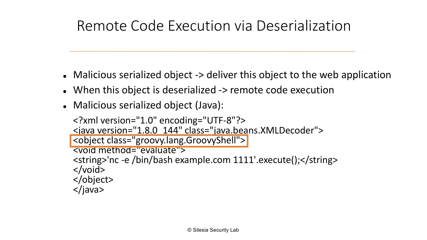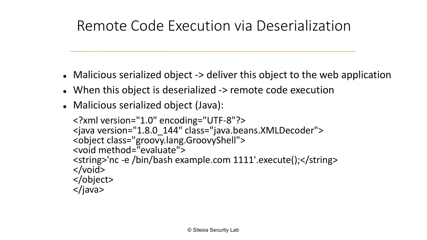And well, groovy.lang.GroovyShell is just used for this purpose. If you are a Java programmer, then you probably know that this class can be used for launching shell commands. That's great, and I need it to launch my own command. You also have to keep in mind that this class has to be loaded in the class path. Otherwise, it will not work, okay?